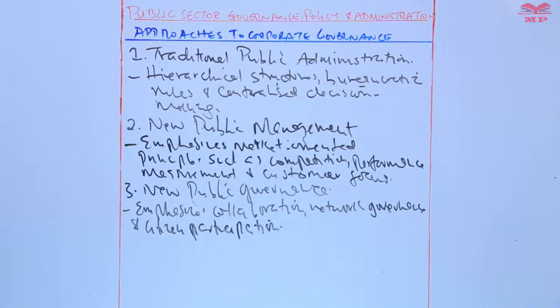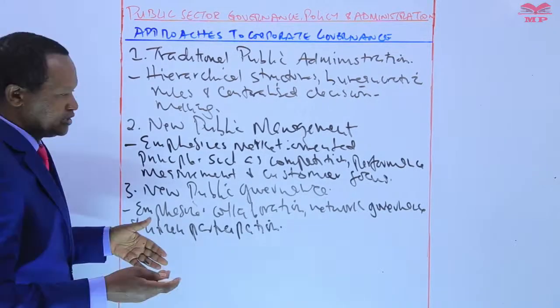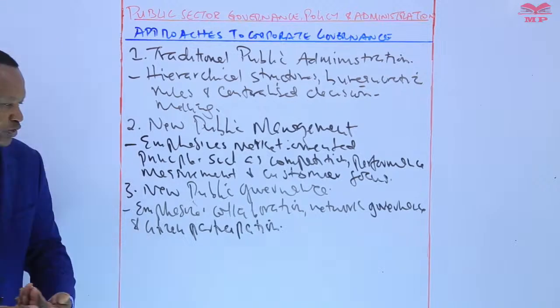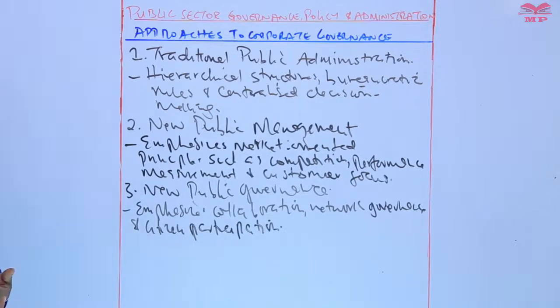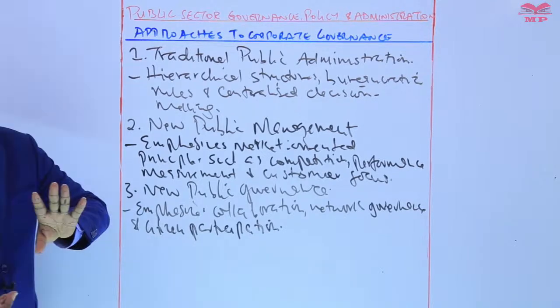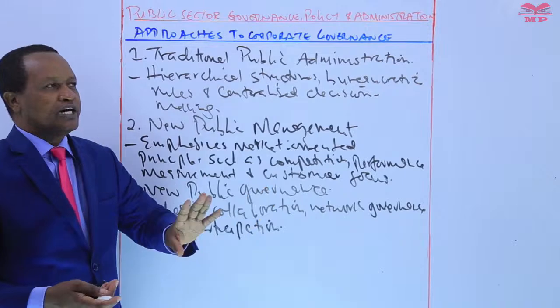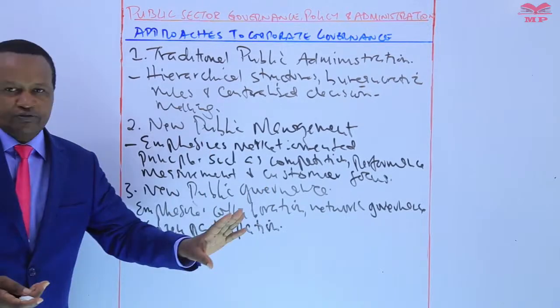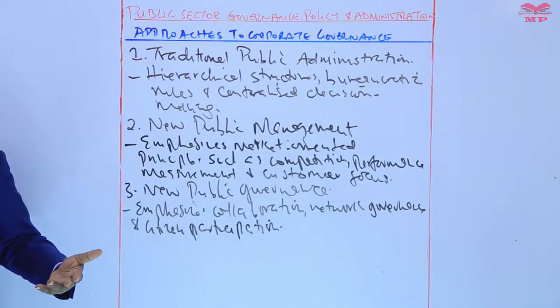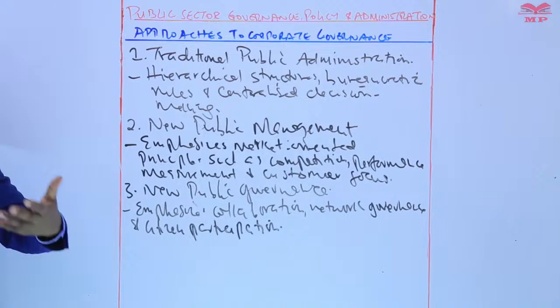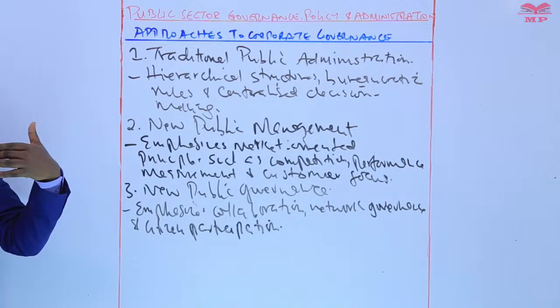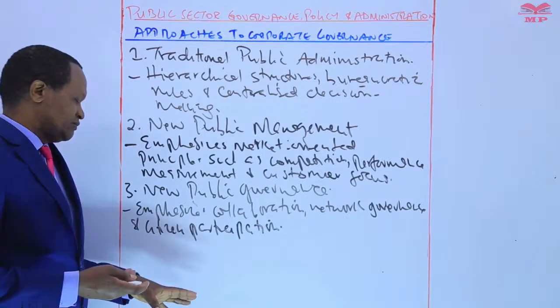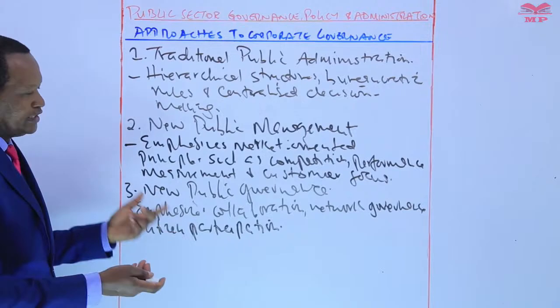Public problems are often complex and require the involvement of multi-stakeholders. So the new public governance model aims to create a more inclusive and responsive approach, but it may be complex to manage and may lack clear lines of accountability. So this one also has a downside.